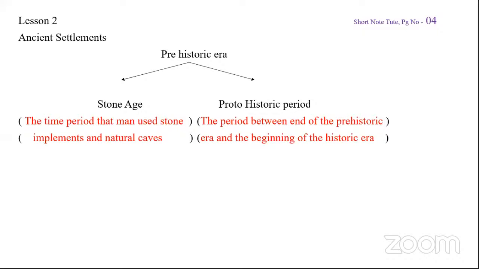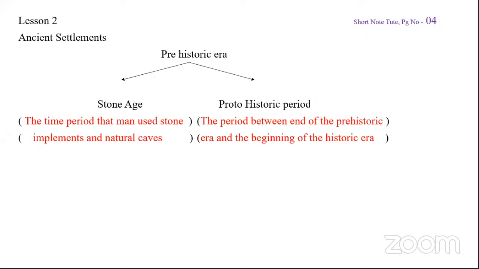Historic era means the time period in which leadership was developing. So we can divide history as Stone Age, then protohistoric time period, then the early historic time period, and the historic time period. The Stone Age was the time period that man started using stone tools and natural caves.